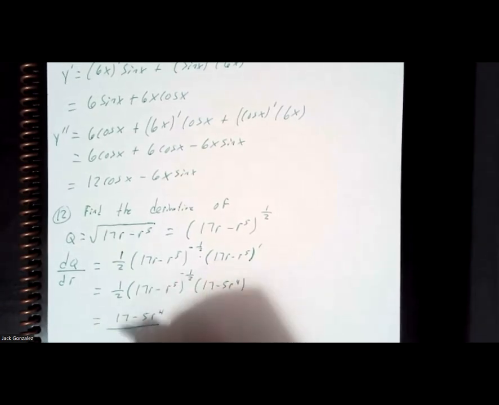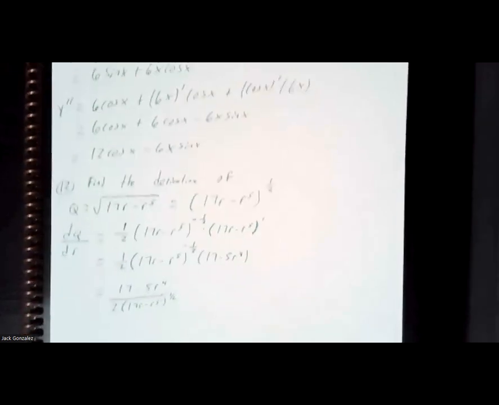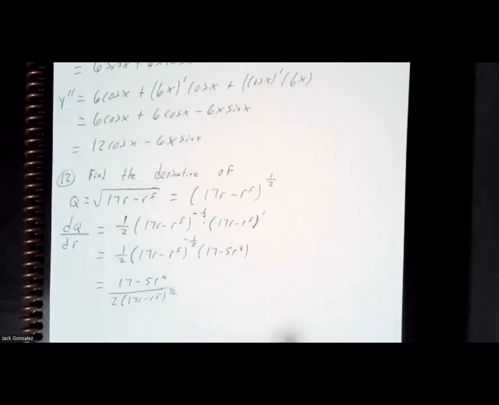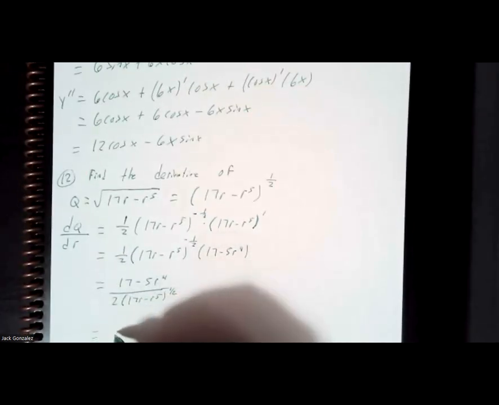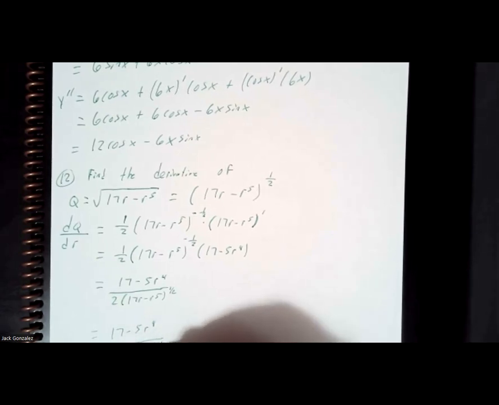This has a negative power on it, so just bring it down. Pretty much it. You can change it back to a square root if you want. That'll be 2 square root 17r minus r to the 5th.